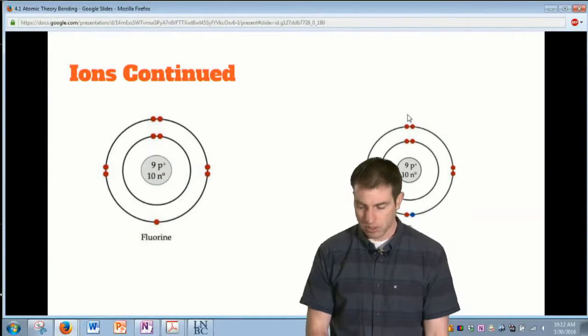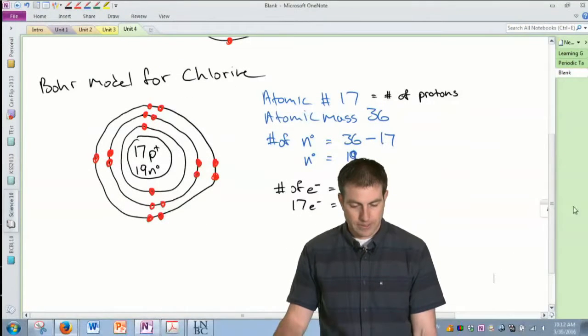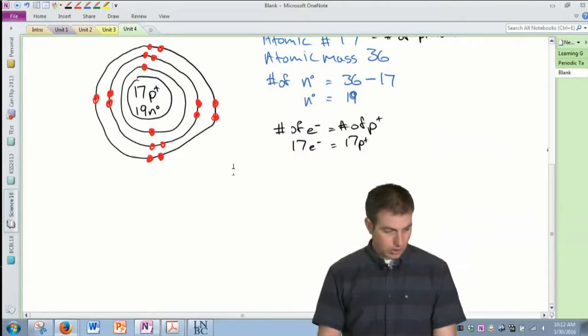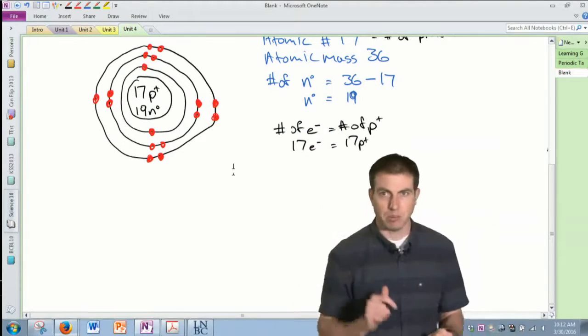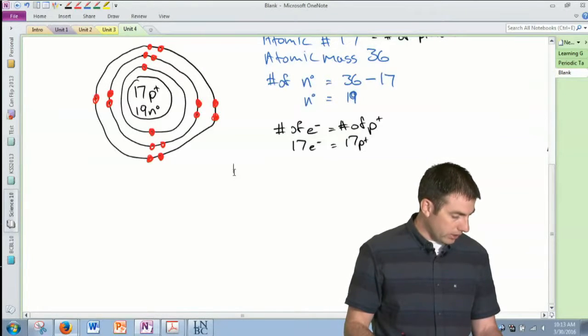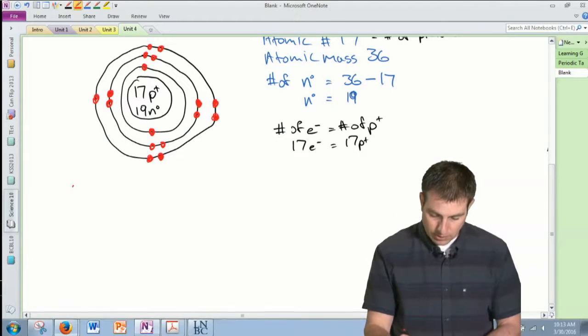So let's do a couple more examples. I'm just going to jump back over to my notebook here. All right, let's talk about some ions. Lost my pen, found my pen. I'm going to pick something like, let's start with something easy. Let's look at lithium.